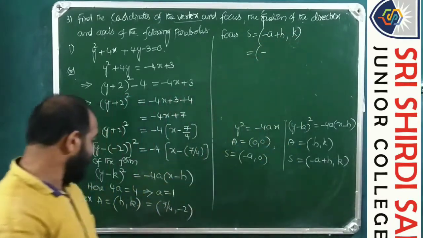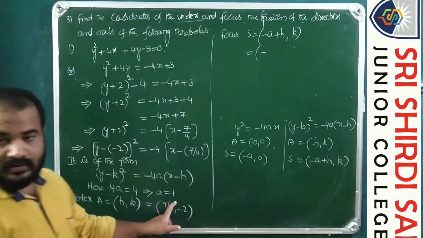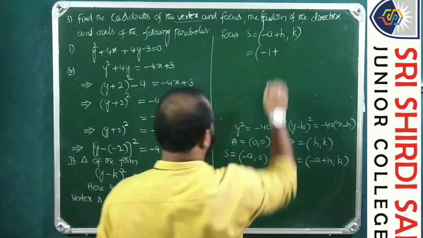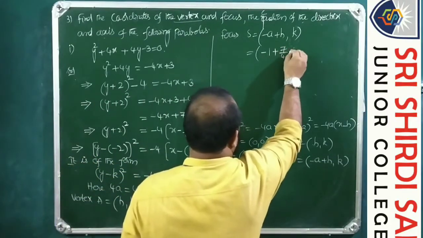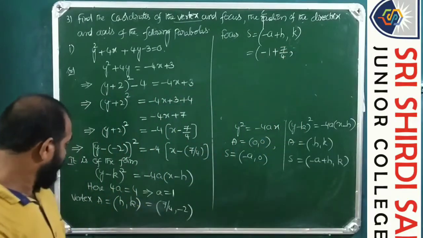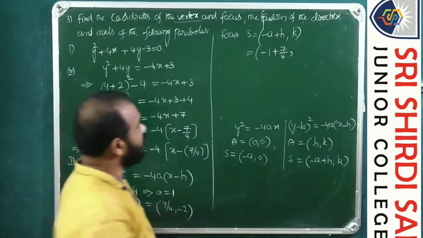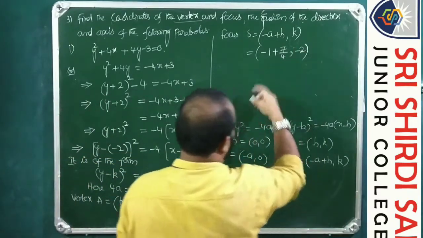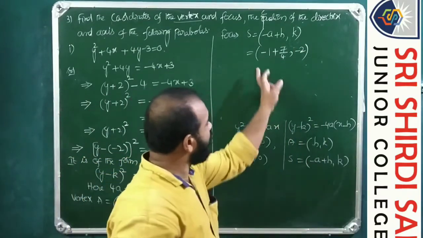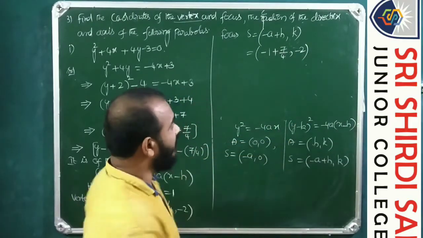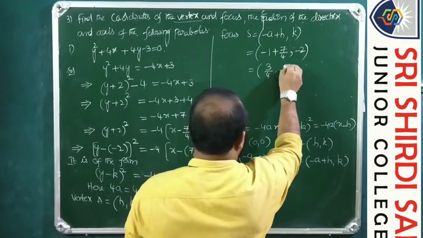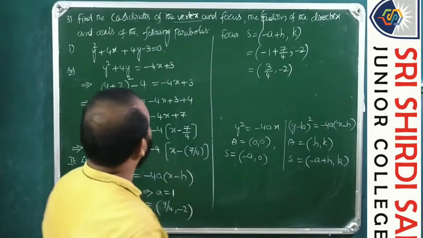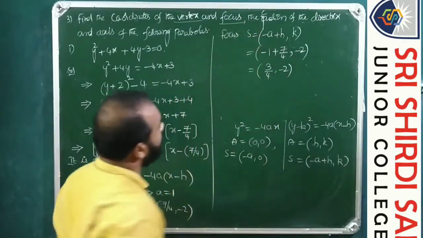Minus a is minus 1, plus h value 7 by 4, comma, the value of k is minus 2. So this is equal to (minus 4 plus 7) by 4, which is 3 by 4, comma, minus 2. So the focus also we get.